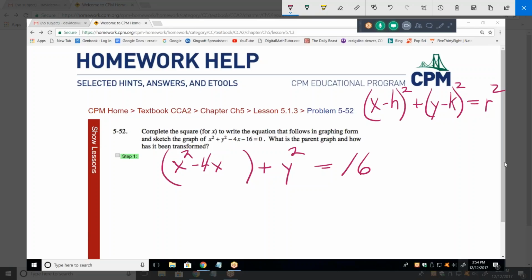Now, how do I complete the square inside the parentheses? Completing the square, you got to memorize how to do this. You're going to have to do it so many times.